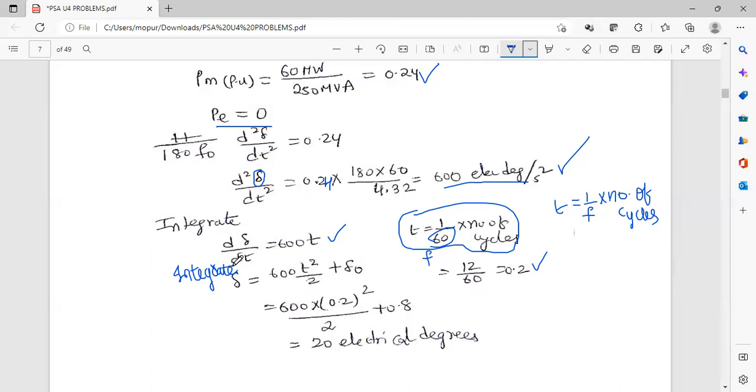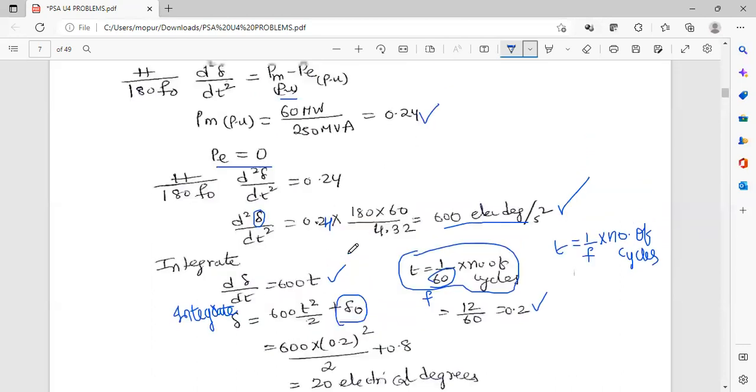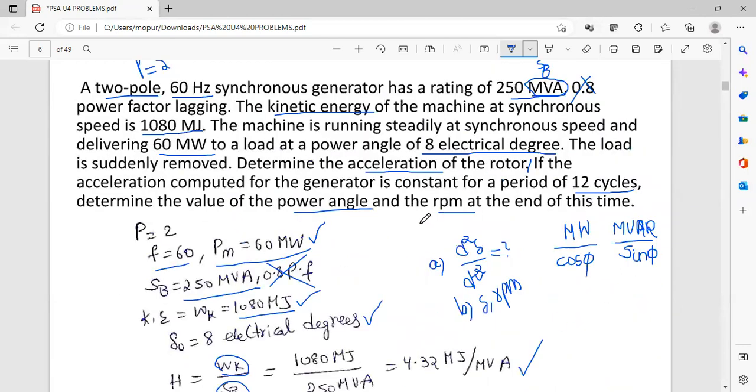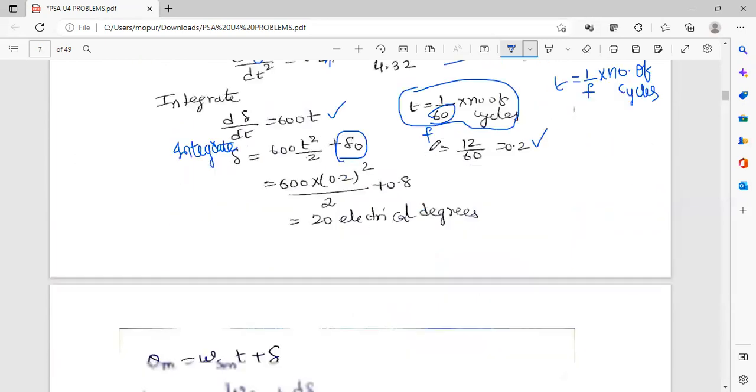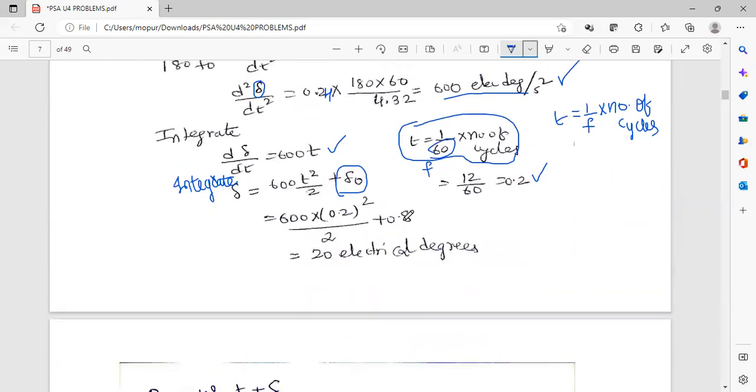So del is equal to 600t square by 2 plus del naught. They had given del naught as 8 electrical degrees. The T value we just found from the given frequency and number of cycles is 0.2. Substituting, you get 20 electrical degrees. This is the value of del in electrical degrees.